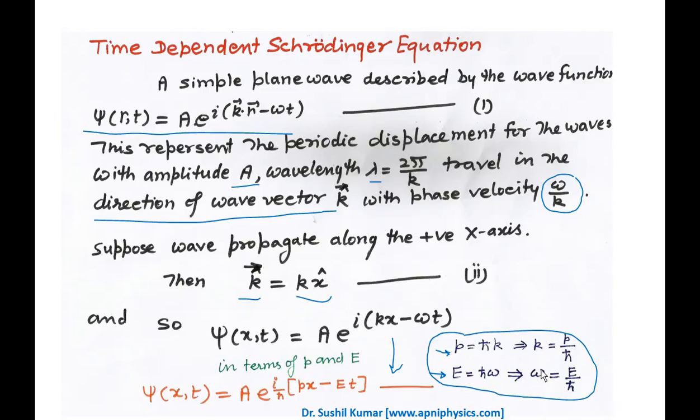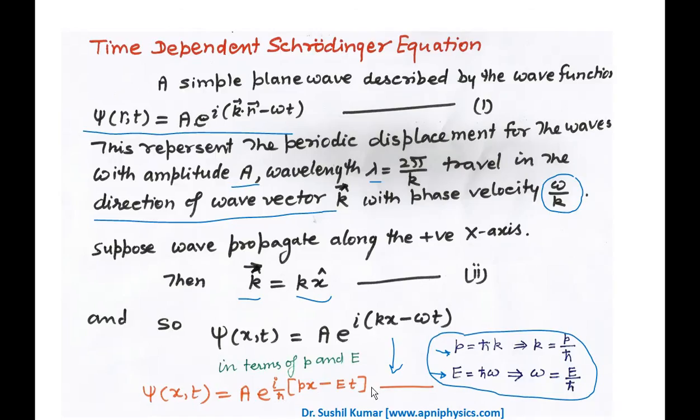Put this value of k and omega in this equation, so k is equal to p upon h cross, so px upon h cross, omega is equal to E upon h cross, so Et upon h cross. So 1 upon h cross taken out common, this becomes i upon h cross, here px and this is Et. So you can obtain this particular result: iota upon h cross (px minus Et).